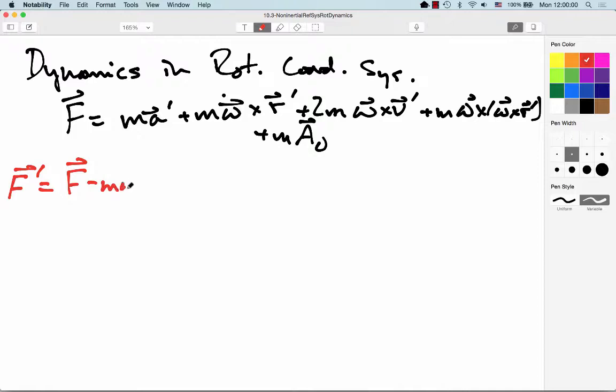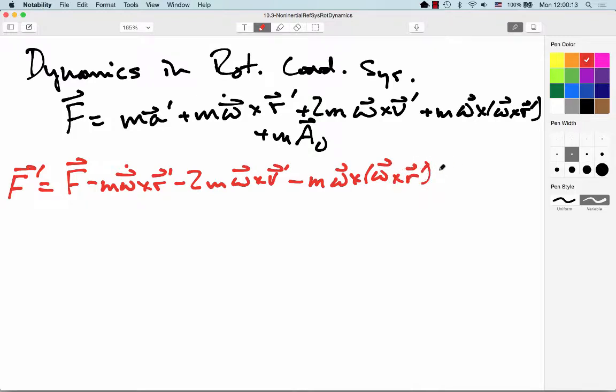So minus m omega dot cross r prime, minus 2m omega cross v prime, minus m omega cross omega cross r prime, minus m a naught. And they would say that equals m a prime.